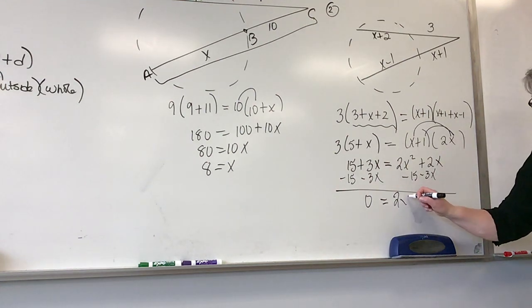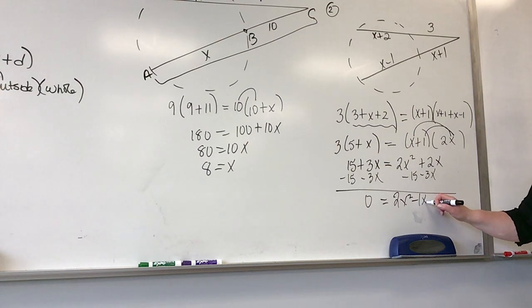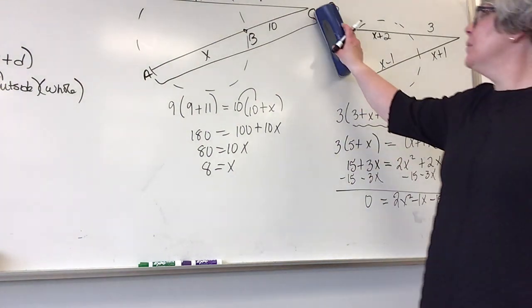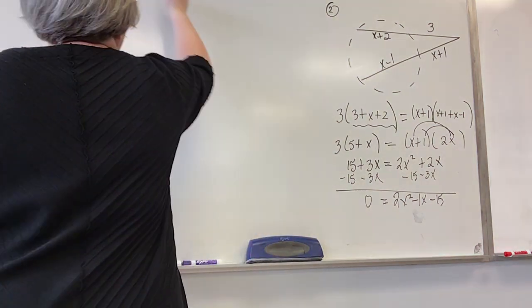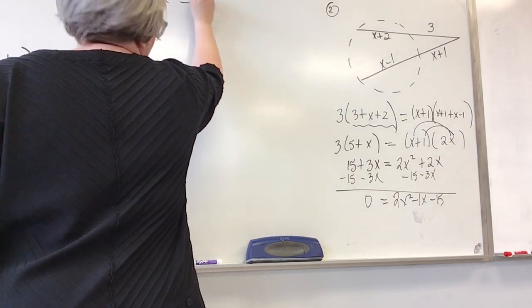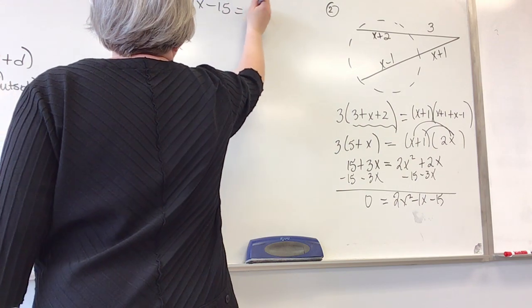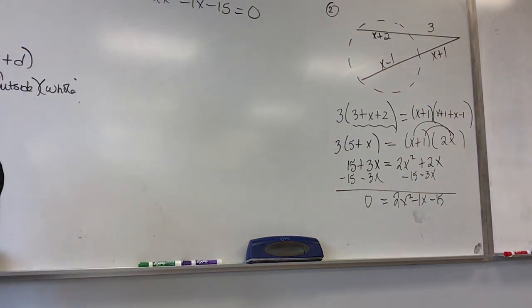So 2x squared minus 1x minus 15 would be equal to 0. So I'm going to come up here.